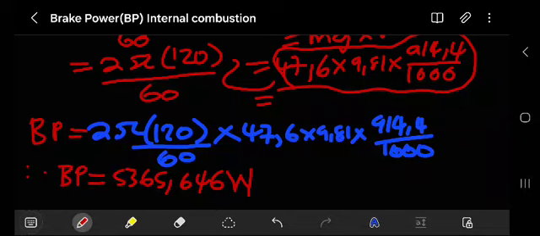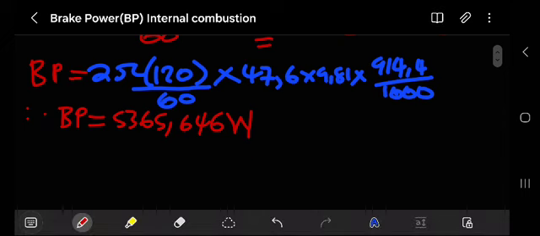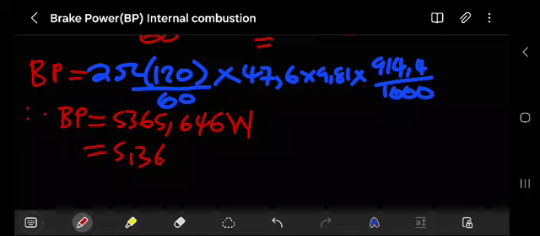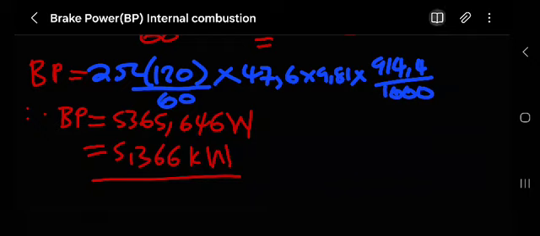If you want this in kilowatts, you divide by 1000, which will be 5.366 kilowatts. So this is how you go about calculating the brake power when you're given a prony brake.